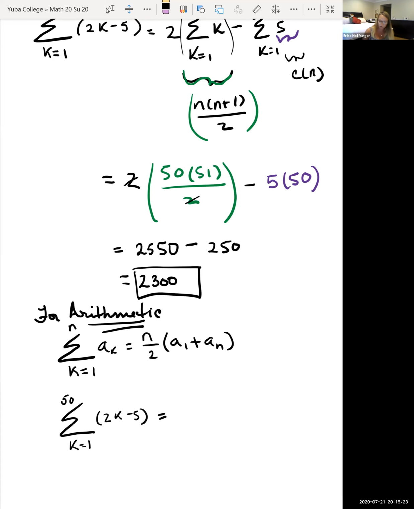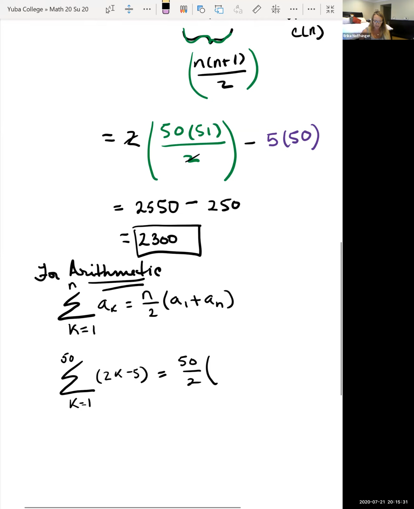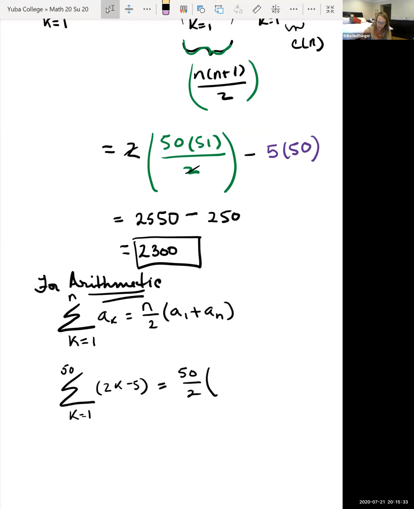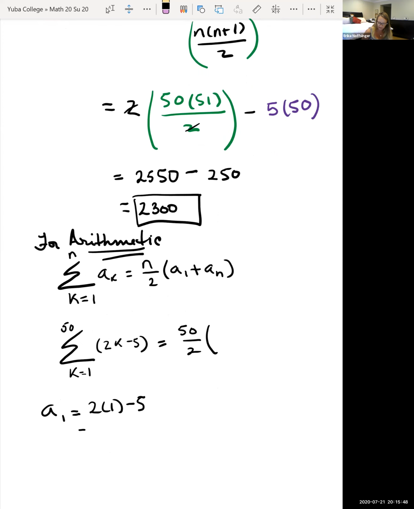So applying this formula, we have our 50 over 2 times our first term plus our last term. So we need to do a little bit of work on the side. We need to figure out what the first term is, and we can do that because we know what a sub k is. We plug in 1 wherever we see a k, so we have 2 times 1 minus 5. That's 2 minus 5, which gives us negative 3.